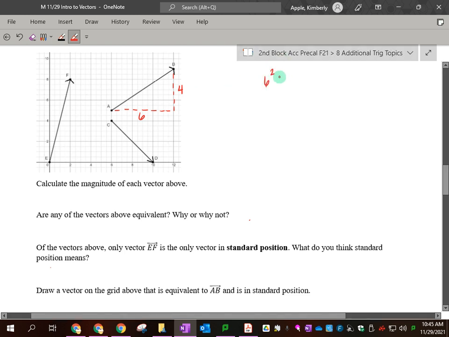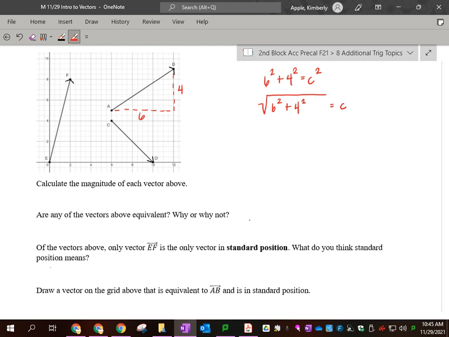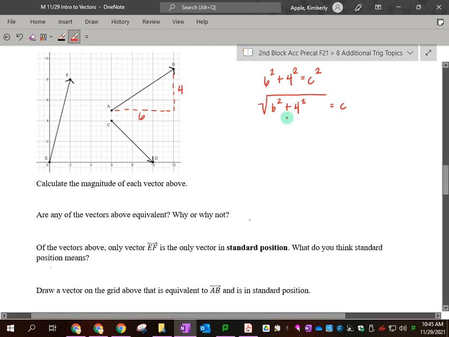This will be 6 squared plus 4 squared equals c squared, which really ends up being, if you want to put it all in your calculator at once, the length of the vector. The length of your vector is just the square root of 6 squared plus 4 squared. It should be 2 root 13.